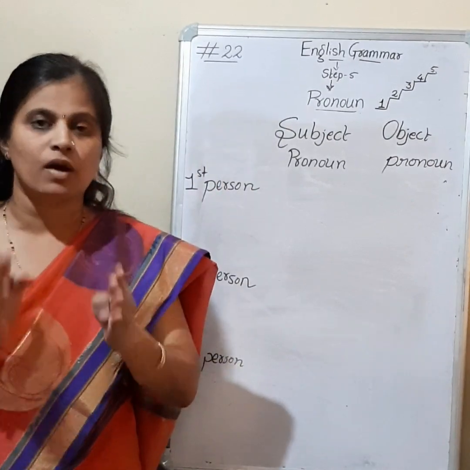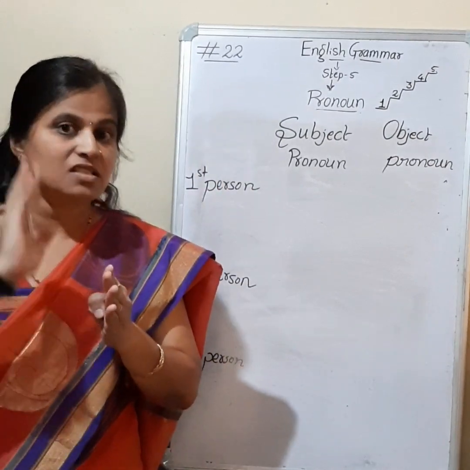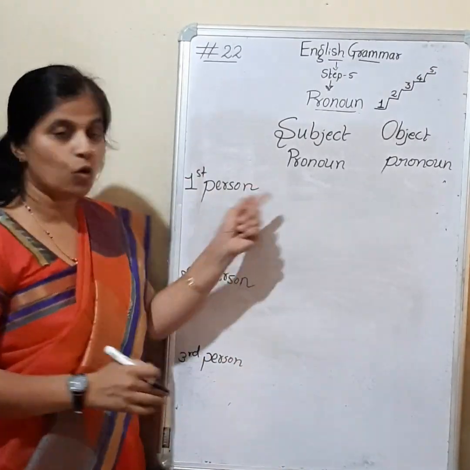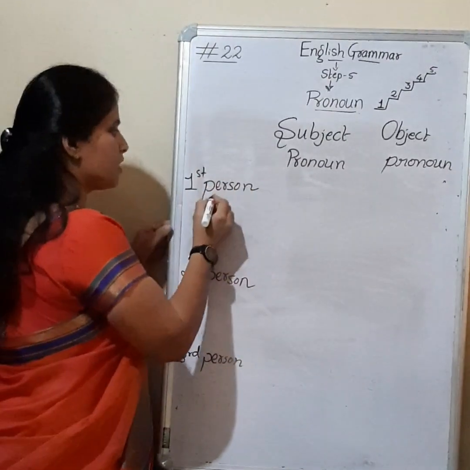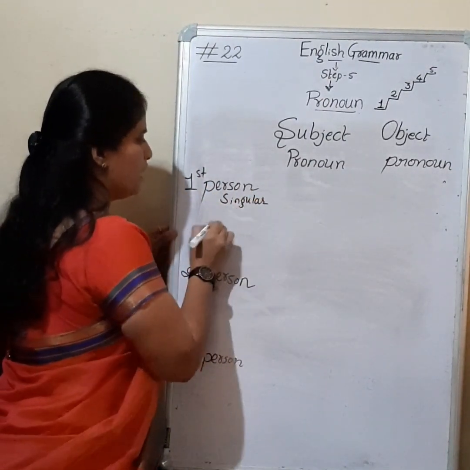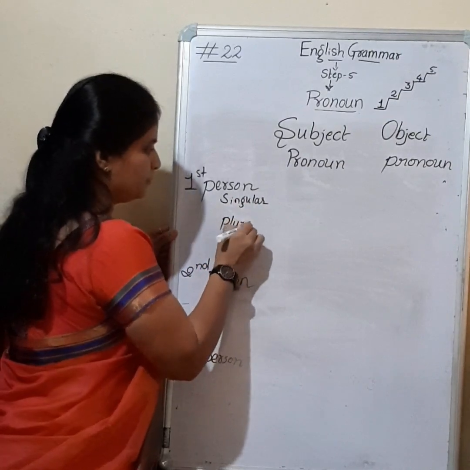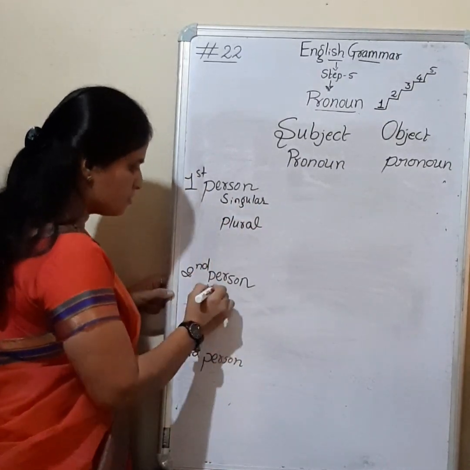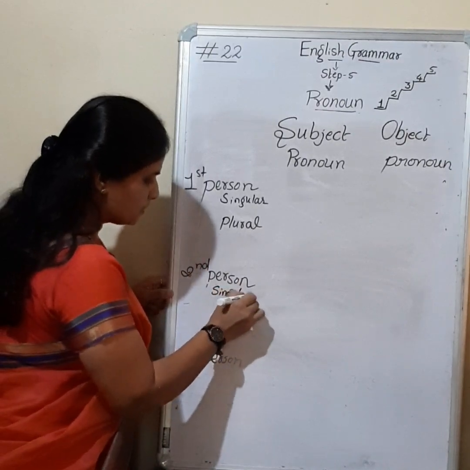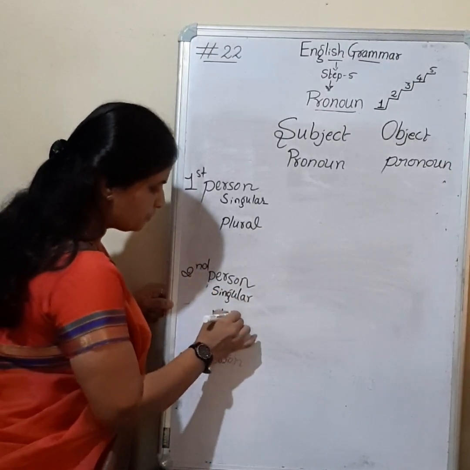So what is required to complete communication? First person, second person, and the third person, right? So let us have a look now. This first person, singular as well as plural. Second person, singular as well as plural.